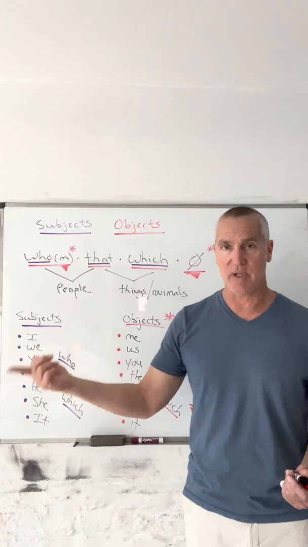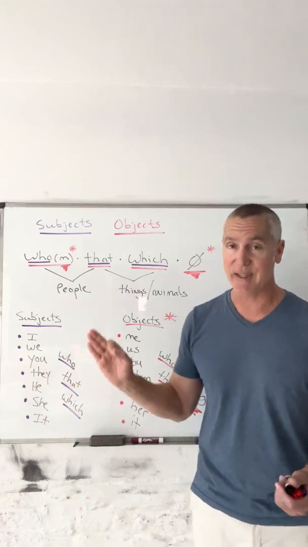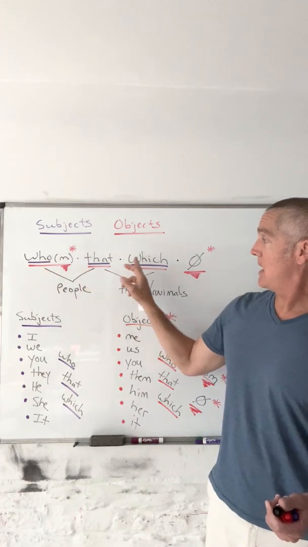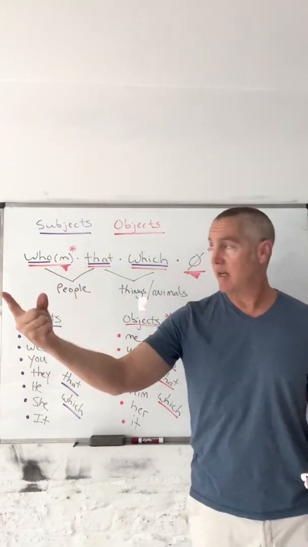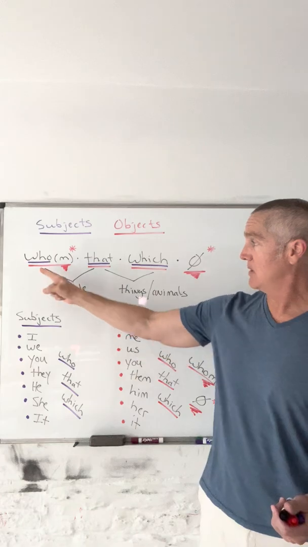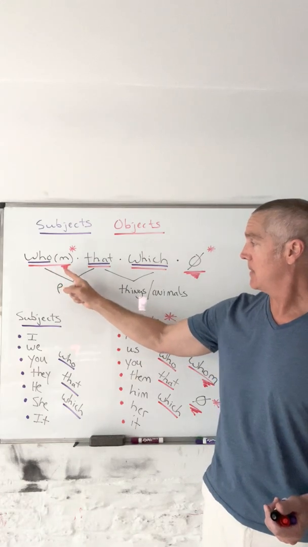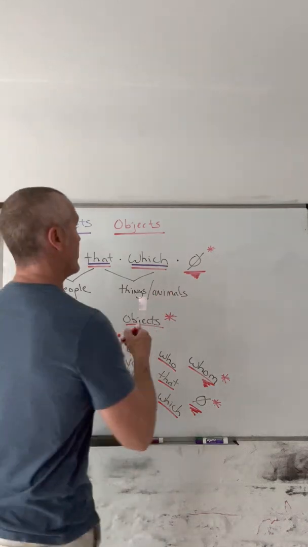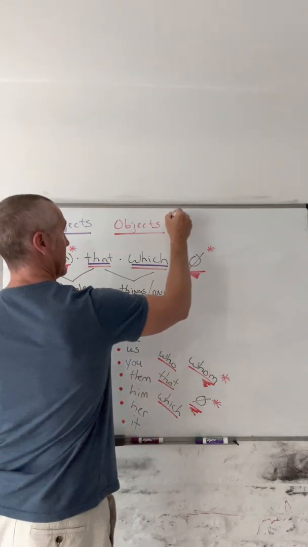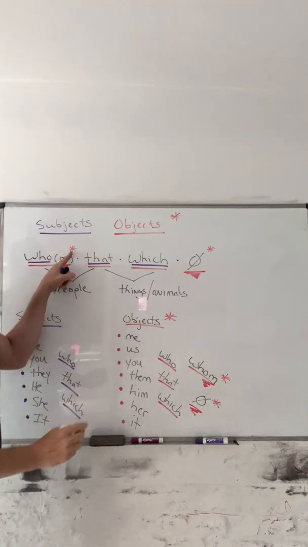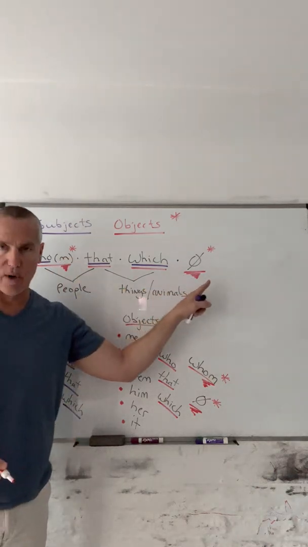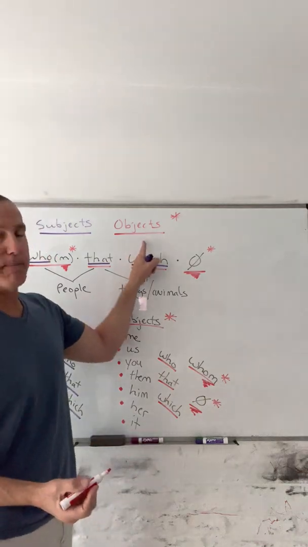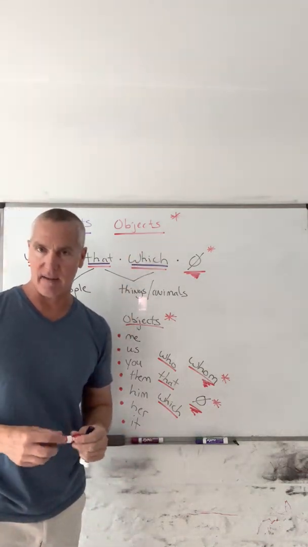Representing an object in the adjective clause, we have the same three options: who, that, and which, plus two extra ones, and that's this: whom and no pronoun. So we put a little asterisk right there because whom and no pronoun are only possible when we have an object reference in the second sentence.